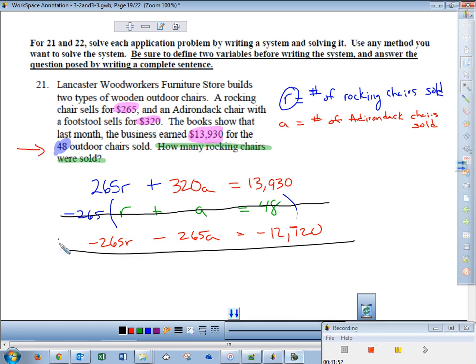What's so great about adding them together? The R's are gone, right? An entire variable gets eliminated. You're left with, help me out, what's 320 minus 265? 55 A's equals, I'll let you punch that in for me also. 13,930 minus that number. $1,210.